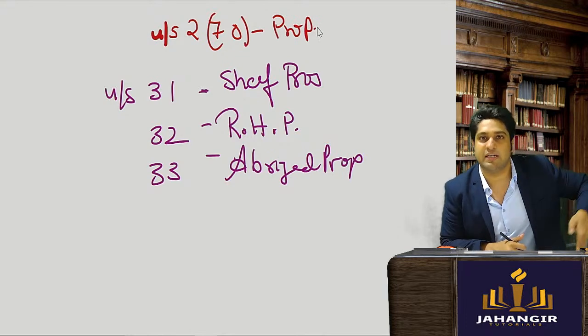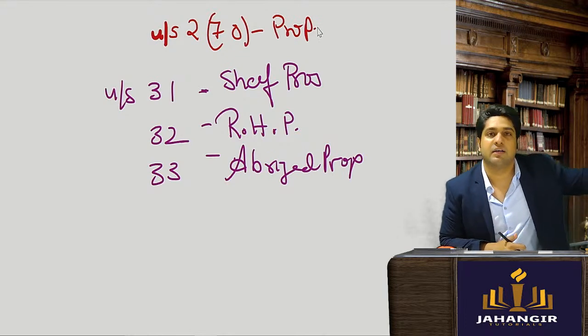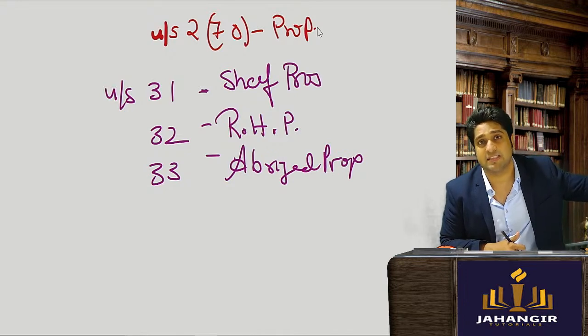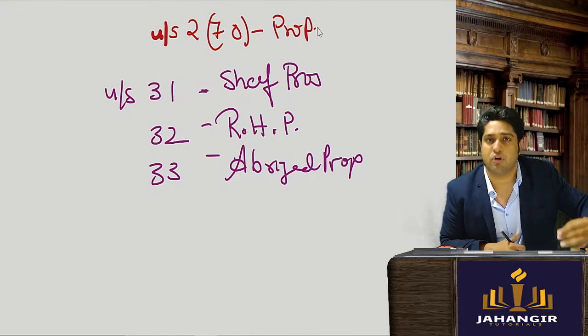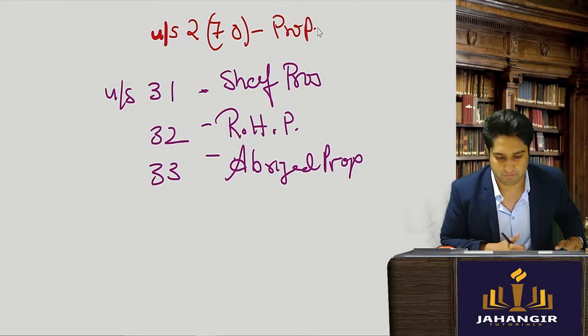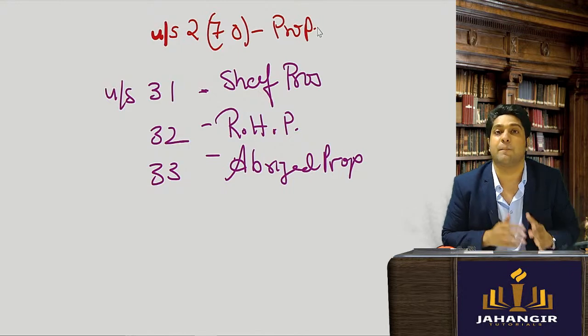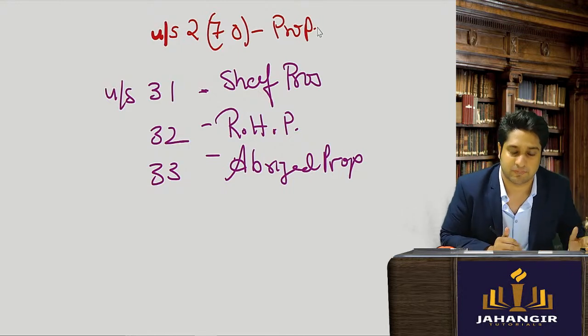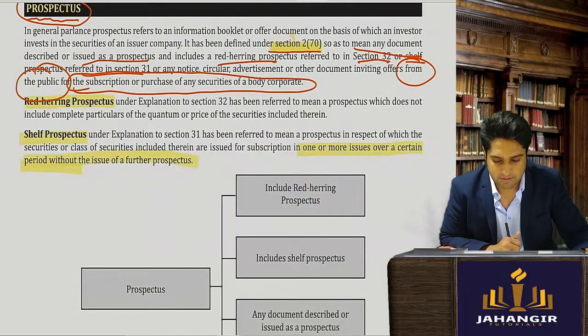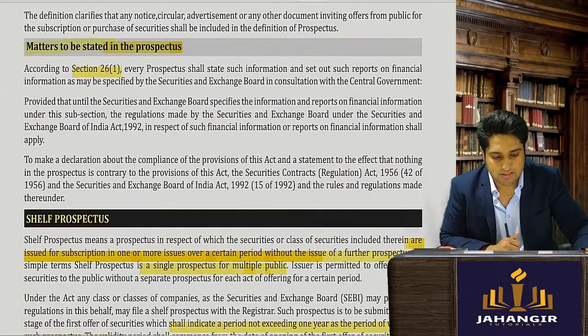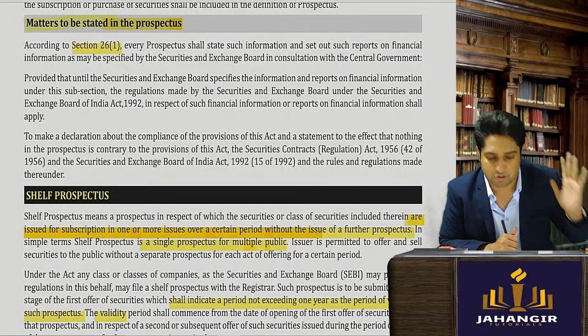It's a document issued to the public, includes a red herring and a shelf prospectus, inviting the public to subscribe to the securities of the body corporate. Clear? So this is important. Please quote in your exams the section number that I'm taking you through. Now what is red herring and what is shelf, we will see in a short time.